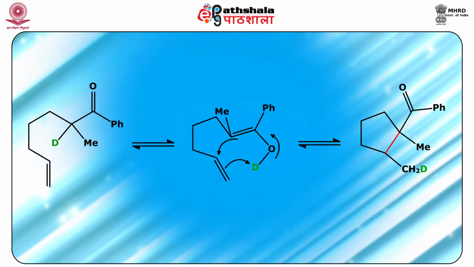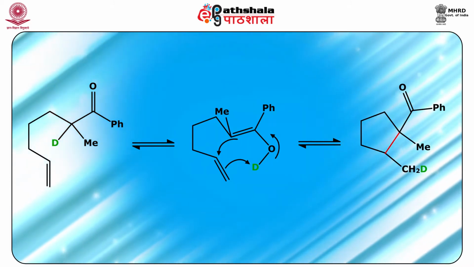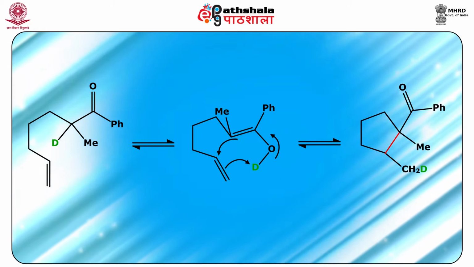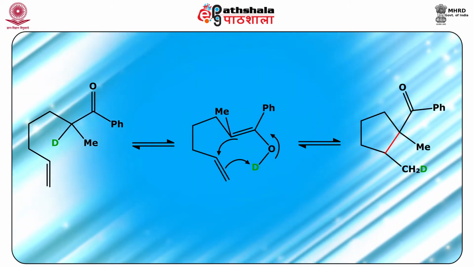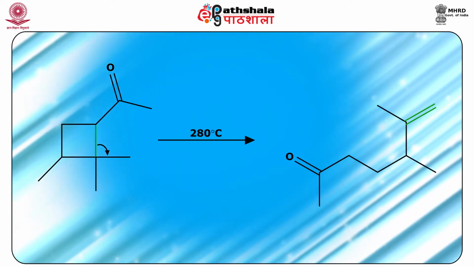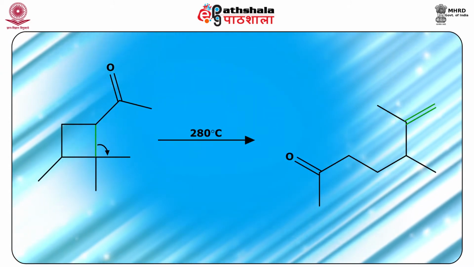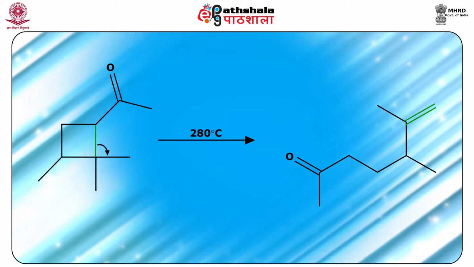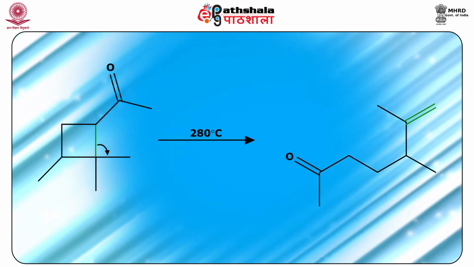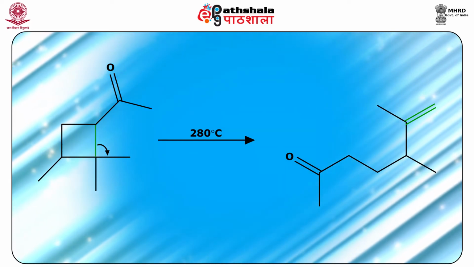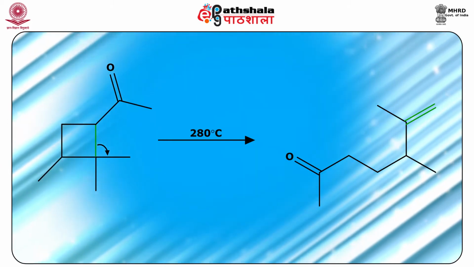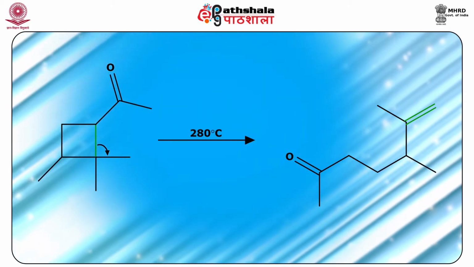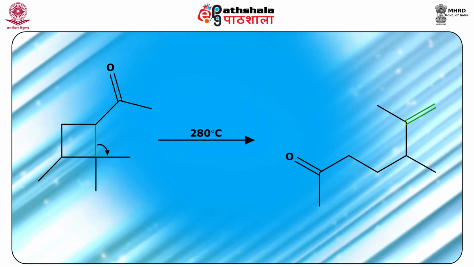In this reaction, enolization is accompanied by a concerted 1,5 hydrogen shift. As you can see in the reaction, every step of this reaction is reversible, which can be seen in retro-Conia-ene reactions of cyclobutanes, where the chief product is the open chain isomer. The reaction is carried out at 280 degrees Celsius.